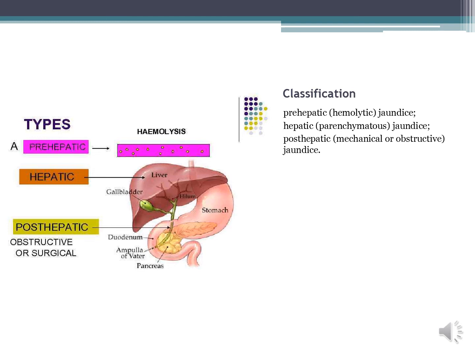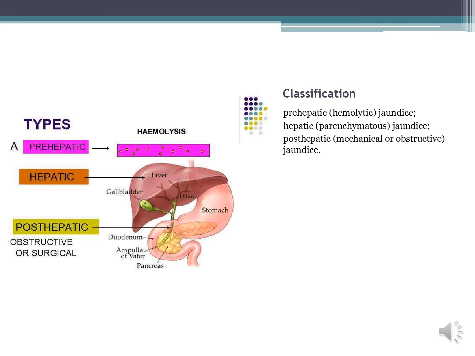We classify all jaundices into 3 big groups: prehepatic, hepatic or parenchymatous jaundice, and post-hepatic, mechanical or obstructive jaundice.